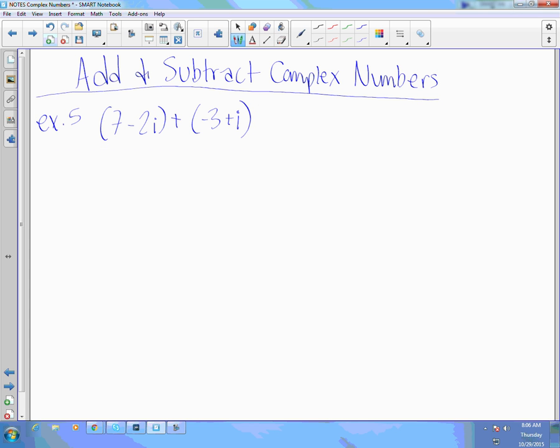If you didn't even know about imaginary numbers, how would you go about adding these two together? Yeah? Like terms, exactly. So nothing different. Like terms. The real piece plus the real piece. Those are like terms, right? 7 plus a negative 3 is just 4. What other parts are like terms?